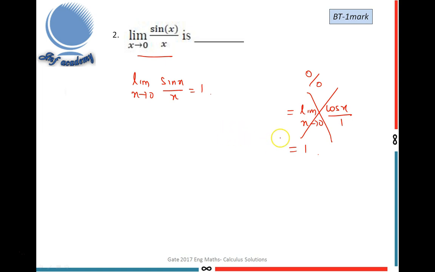L'Hospital's rule should not be used here. This limit can only be determined geometrically. That way takes a lot of time, so I didn't prove this result and I write the answer directly. The final answer is 1.